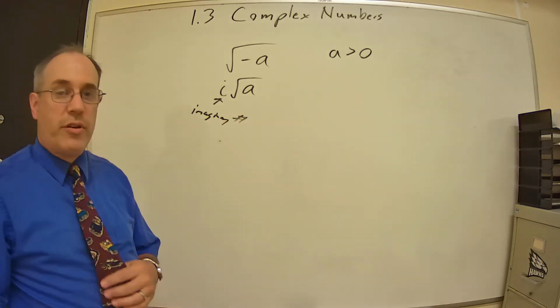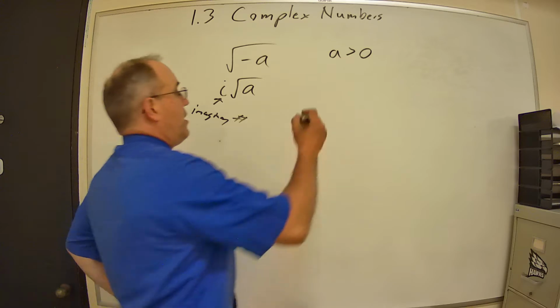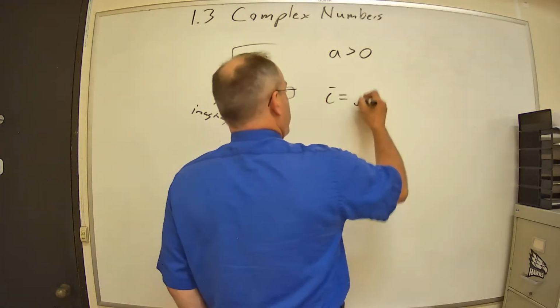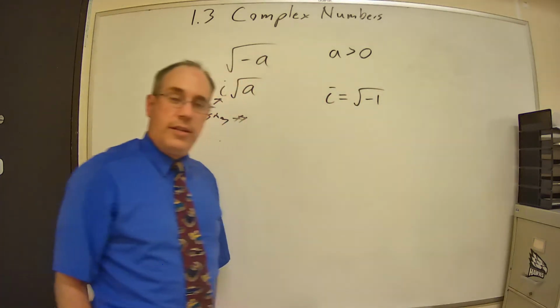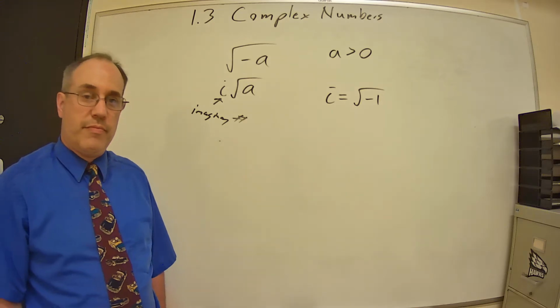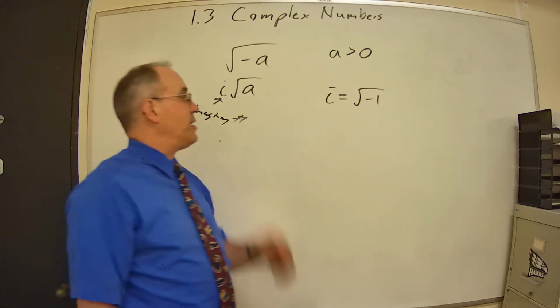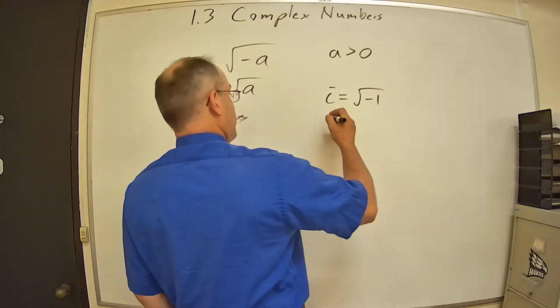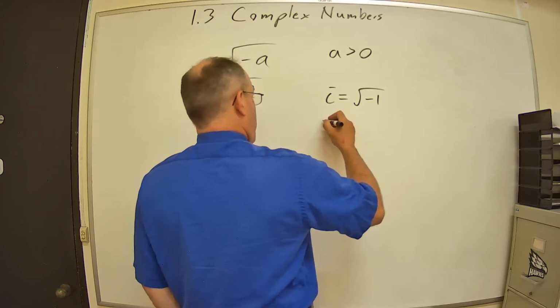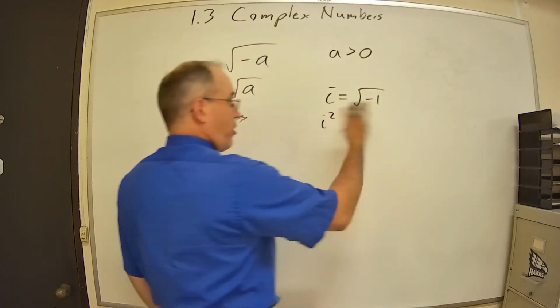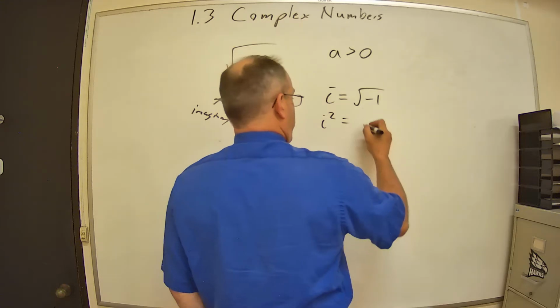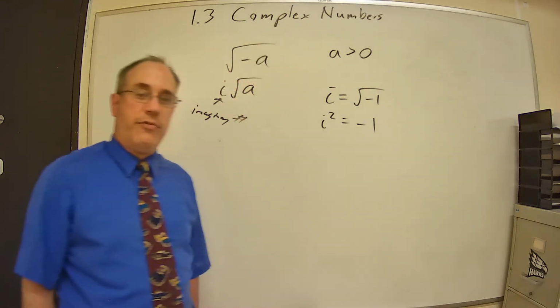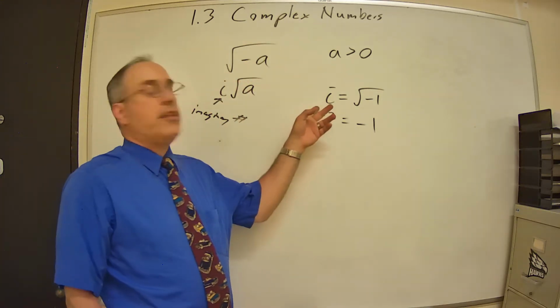So it's the imaginary number i. Well, what is i? i is equal to the square root of negative 1. And that's how we define it. So i squared, if I square both sides, is equal to negative 1. So that's how we define the imaginary number.